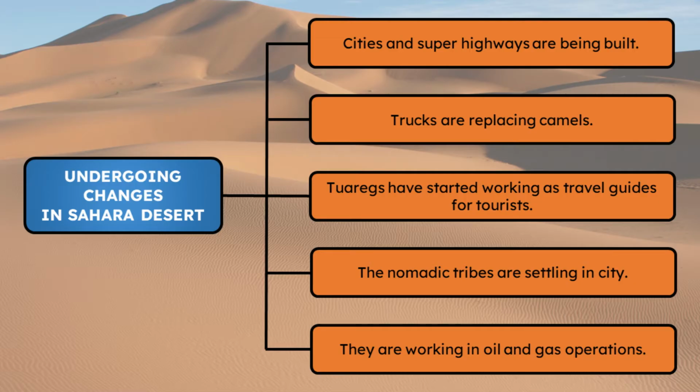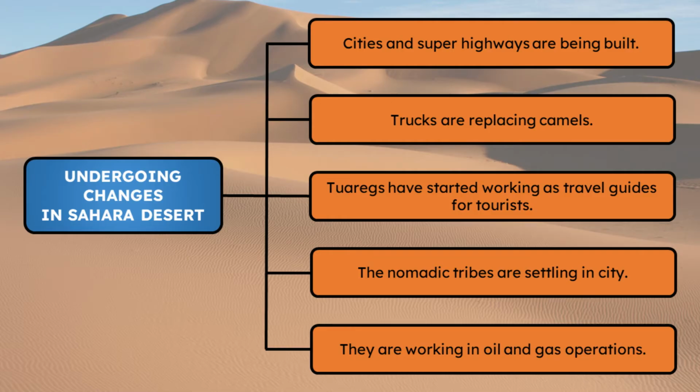Like you might see buildings as you would see in any other city, like tall structures with glasses, and then super highways are being built there. And not everyone uses camels, of course. It's 21st century. Trucks are replacing camels.